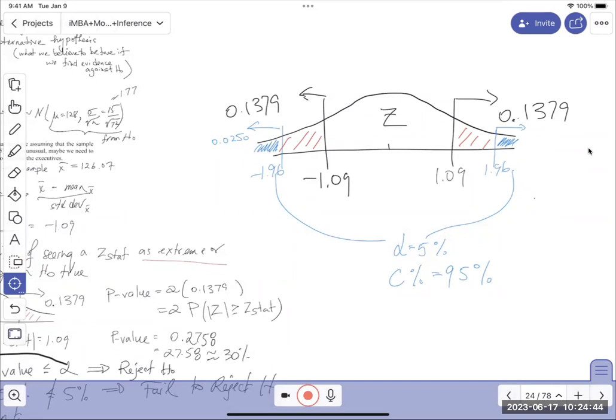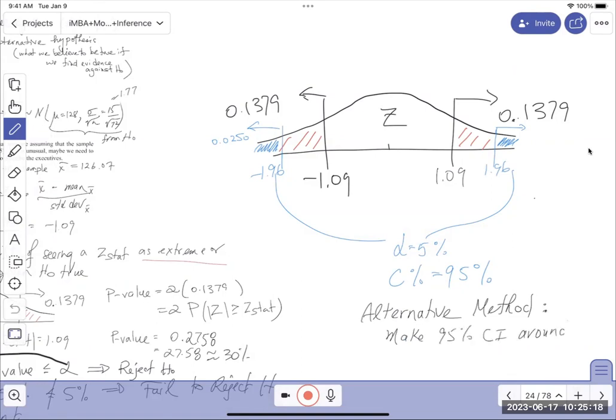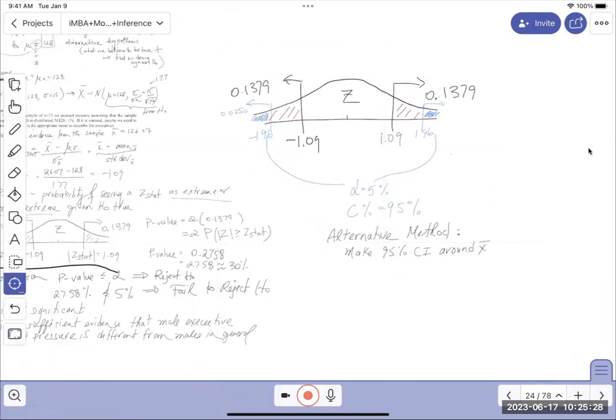So when you're doing this for a 2-sided test, testing, building a confidence interval around your sample result and consider those values equivalent.